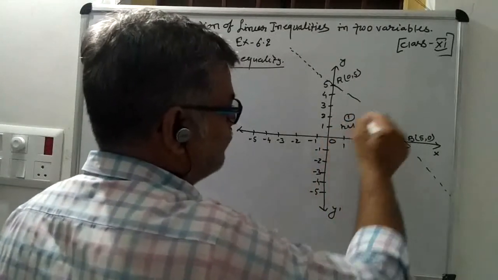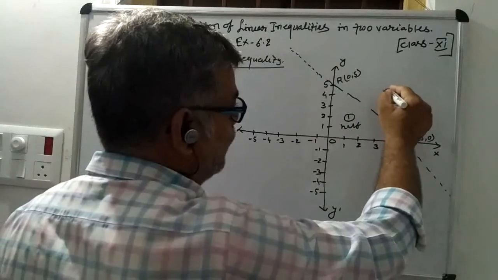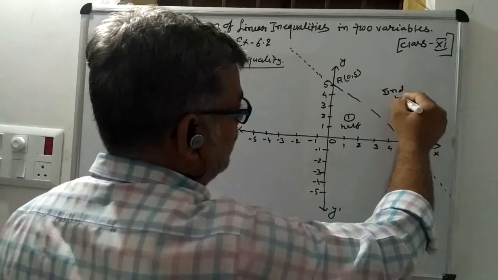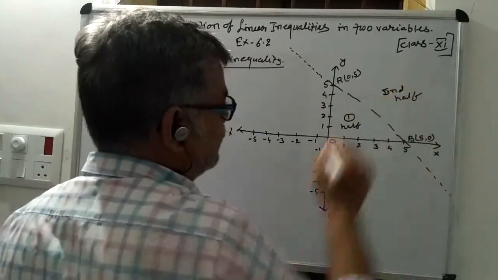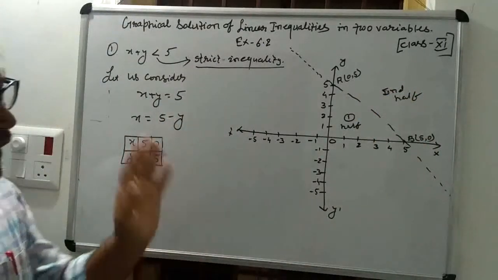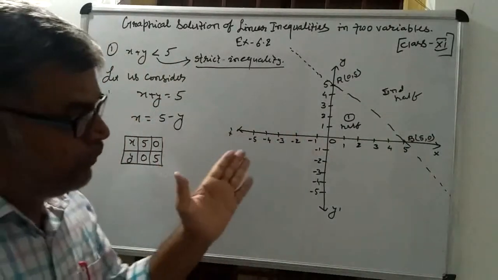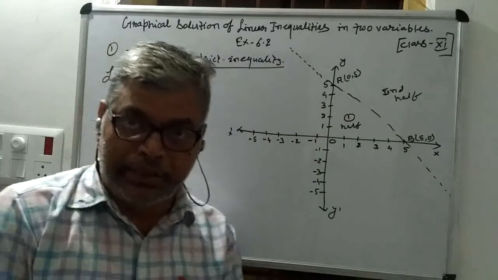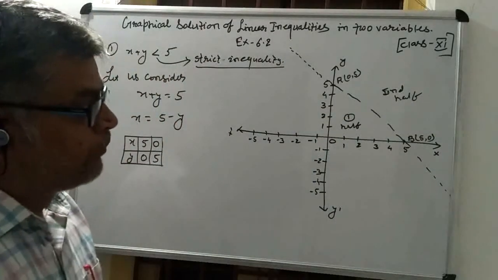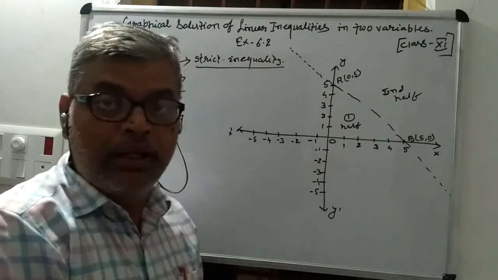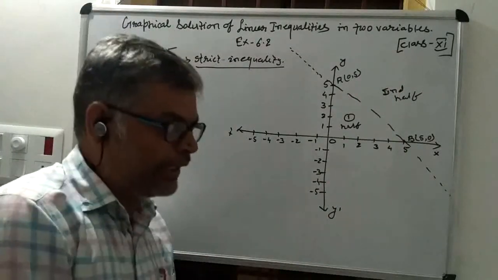I have mentioned the first half here only to help you understand, and this is your second half. The line AB is dividing the Cartesian plane in two halves. The left of the line AB is the left half, the first half, and the right of the line is another half, that is the second half.